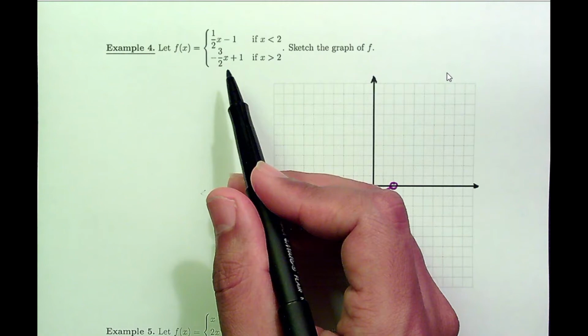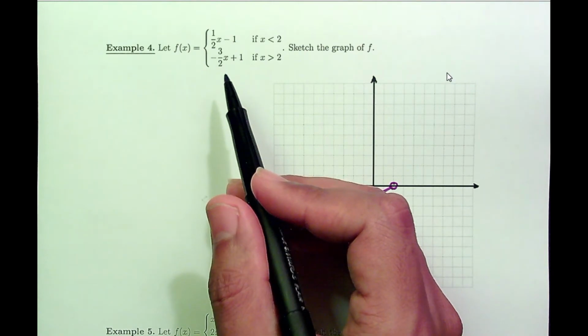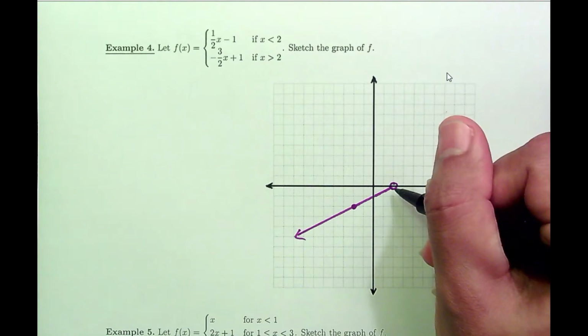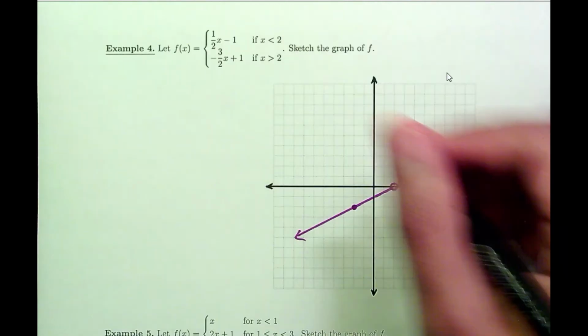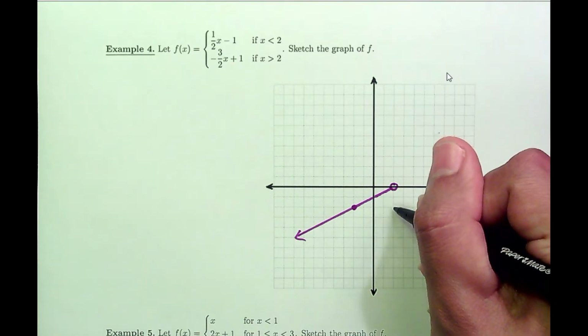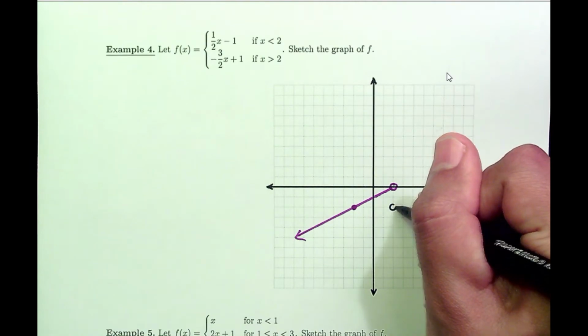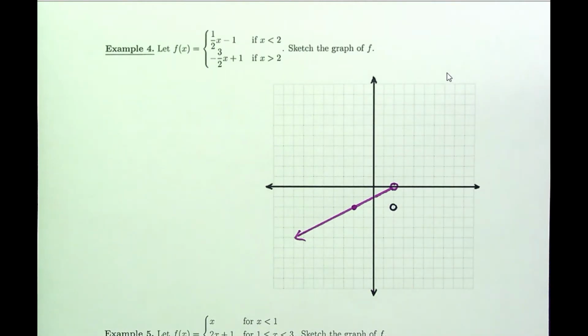You can put that in a calculator. That's negative 3. And then negative 3 plus 1 is negative 2. So when I plug in 2 in the lower part, I get negative 2. And that's not included. So hollow dot. When you plug in 2, you get negative 2.